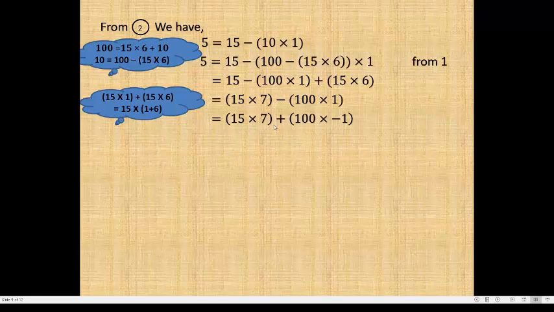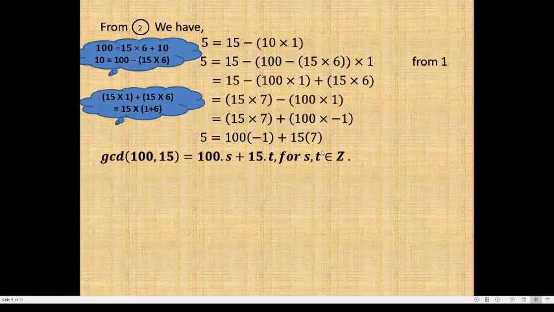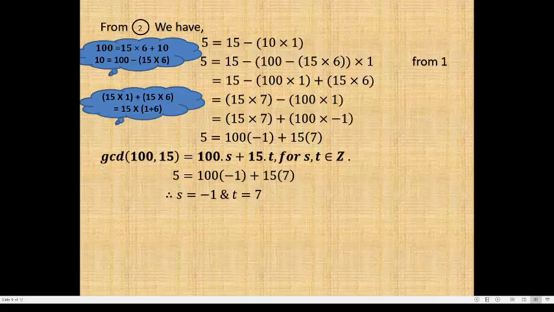We get 15 into 7 plus 100 into minus 1. Interchange. 5 is equal to 100 into minus 1 plus 15 into 7. So here we get the value of S is equal to minus 1 and T is equal to 7. So linear combination 5 is equal to 100 into minus 1 plus 15 into 7. Therefore S is equal to minus 1 and T is equal to 7.